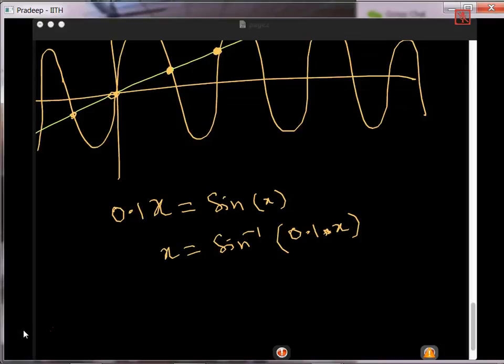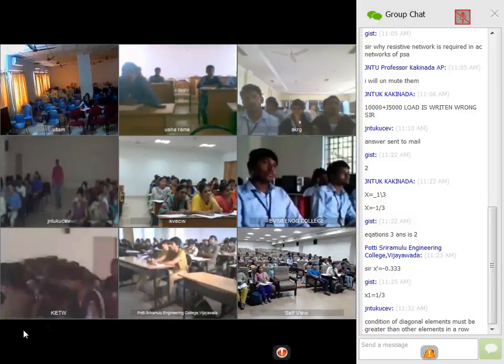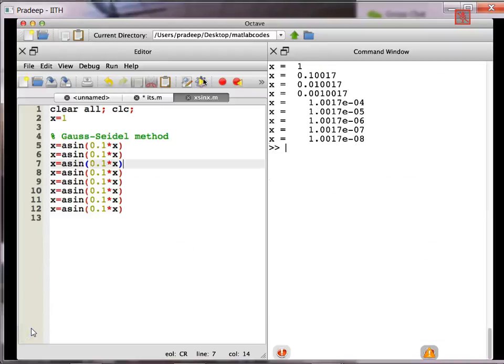So x is sine inverse. So I think now it is converging.